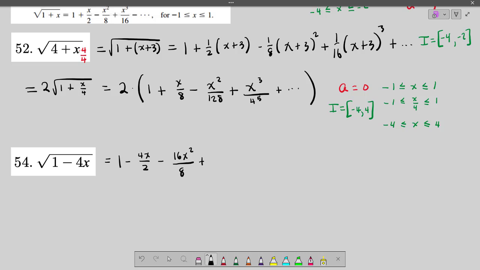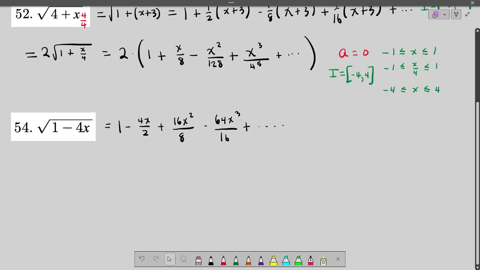Wait, this one's positive, that one's positive, that one's negative. So with the cube, we're going to get 4 times 4, which is 16, times 4 is 64. So we're going to have 64x cubed divided by 16 plus etc. And here it's simple enough. Sometimes it's super easy to simplify, then you can go ahead and do it. Not required though.